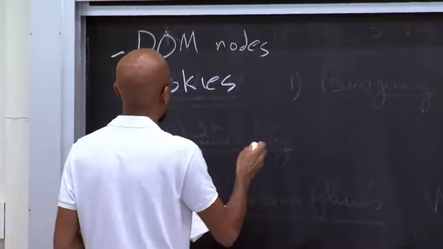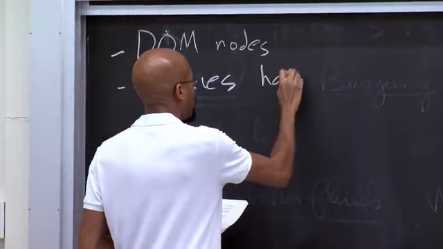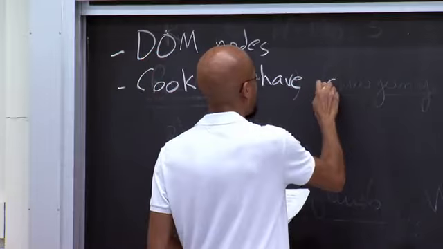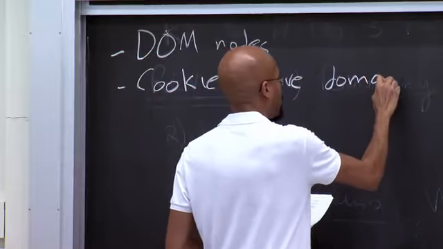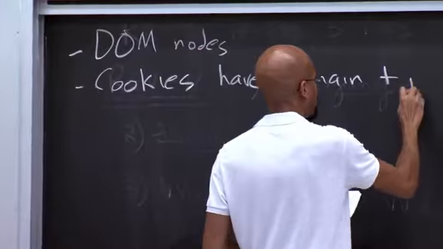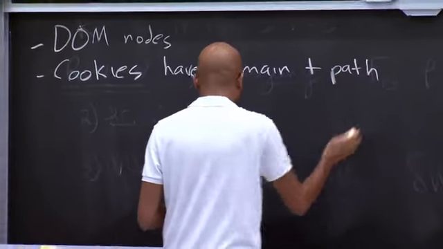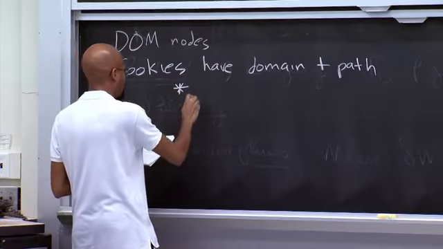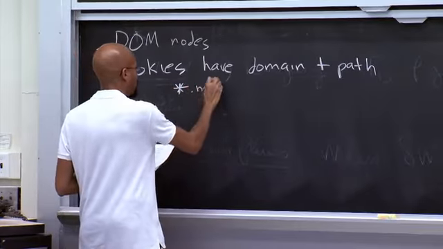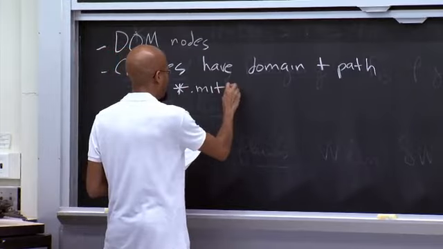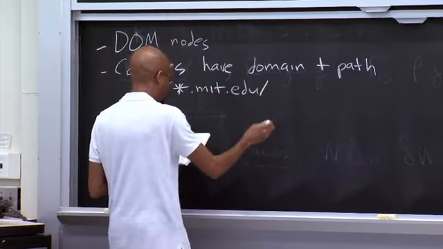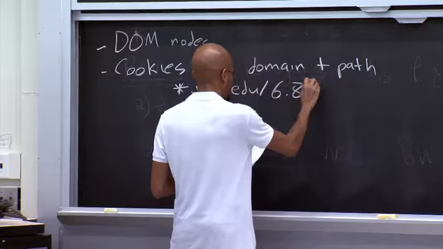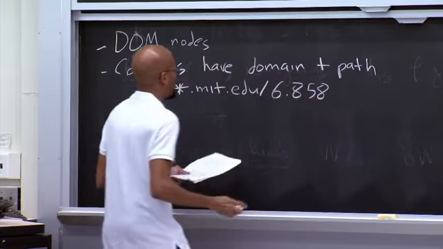and a bit tricky. So cookies have a domain, and they have a path. For example, you can imagine a cookie might be associated with the following information: *.mit.edu and then 6.858.